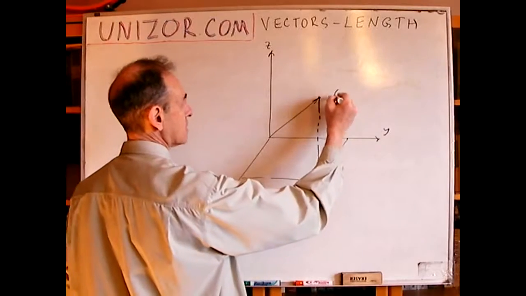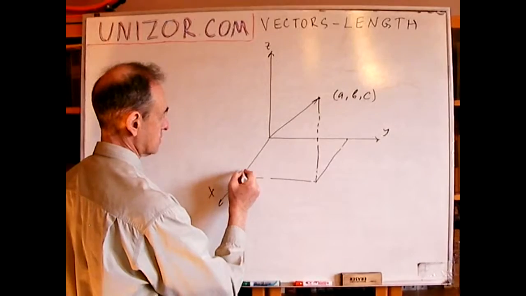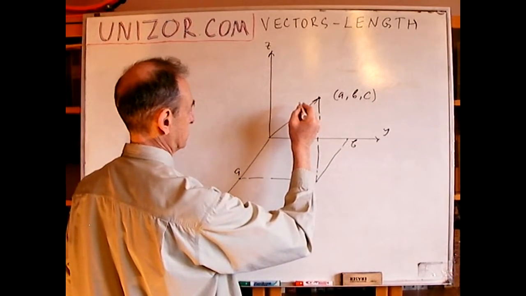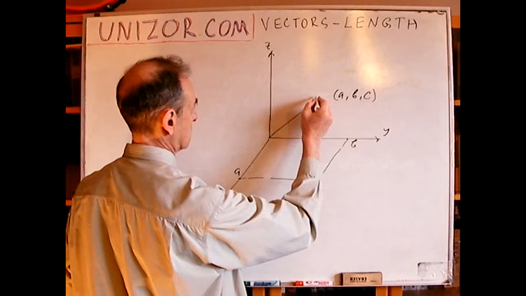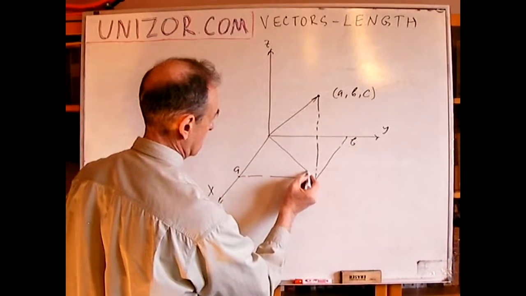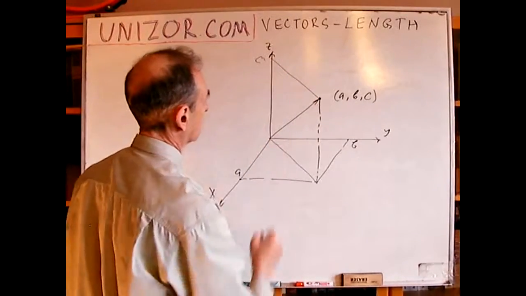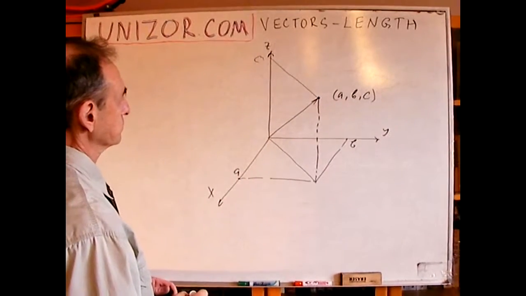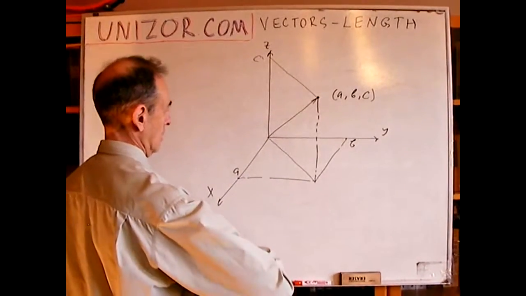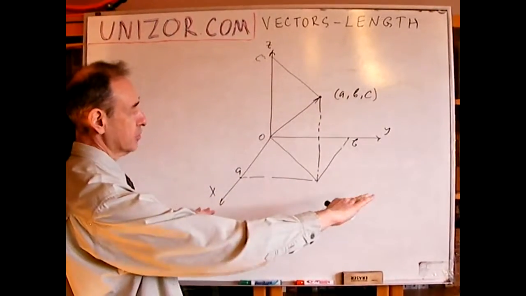So if this is ABC, then this would be A, this would be B, and this would be C. So imagine x, y is a horizontal plane.